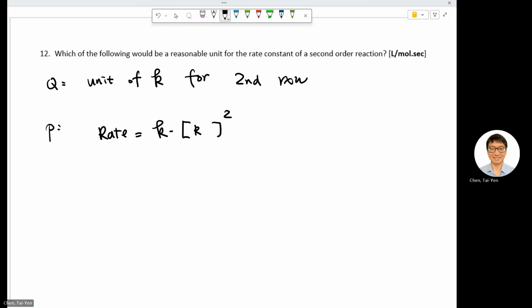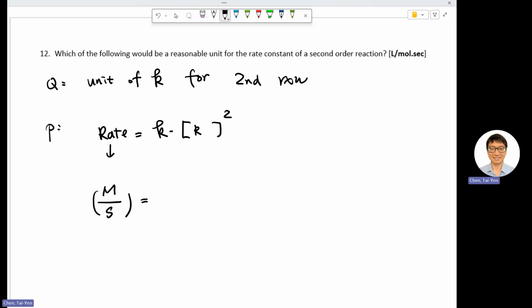Then you should know the unit of your rate. When we talk about the rate, it's the concentration change over time, delta concentration divided by delta T. So the unit will be molarity over second.